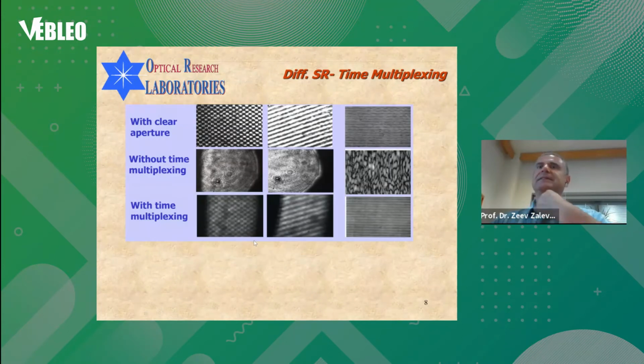Let us see some examples. Those are some experimental results. You see in the first line three types of different objects. This is the reference image seen through a high resolution imaging sensor. But when we use a low numerical aperture lens, a low resolution imaging sensor, those three objects are not seen.